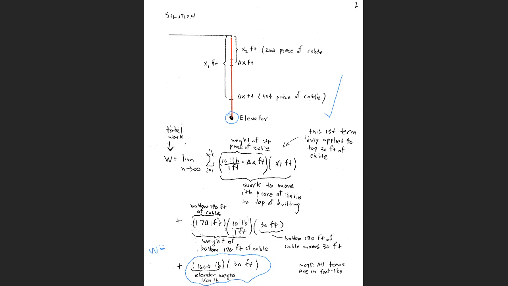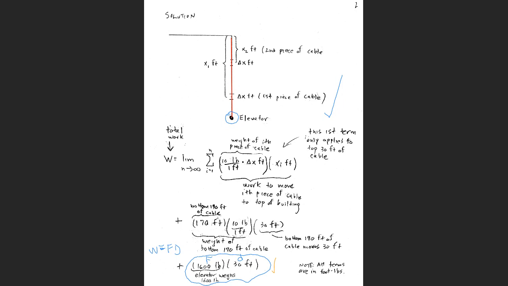Work equals force times displacement. That's right, Ange. Force times distance. So here you have a force of 600 pounds and a distance of 30 feet. You don't need to worry about acceleration due to gravity because the pound is already a unit of force. So this is the component of the work where you move the elevator.